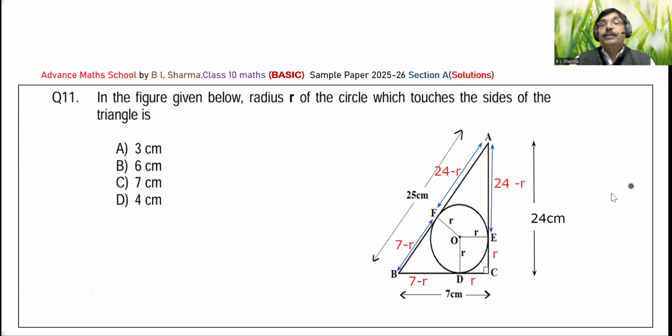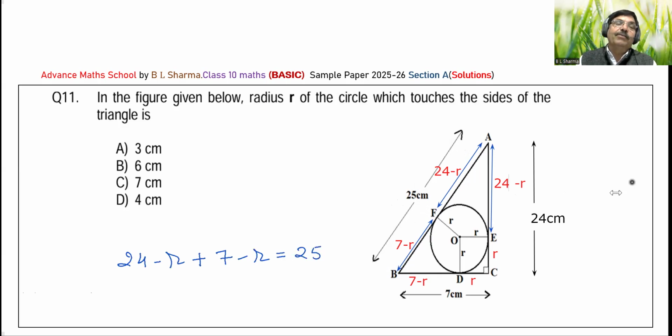Again see, here it is given that this side AB is equal to 25 centimeters. So 7 minus r plus 24 minus r should be equal to 25 centimeters. So you can write 24 minus r plus 7 minus r equals 25.